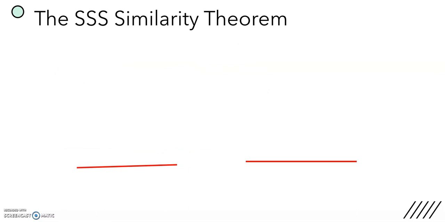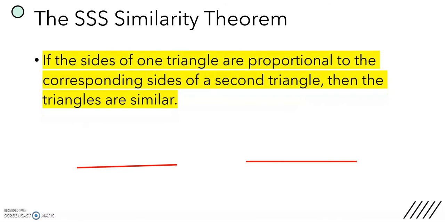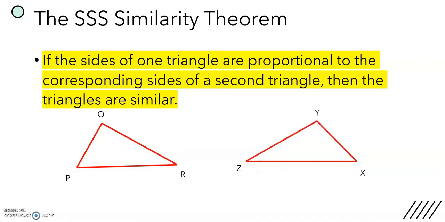Last is the SSS Similarity Theorem. If the sides of one triangle are proportional to the corresponding sides of a second triangle, then the triangles are similar. So we have here triangle PQR, triangle XYZ.